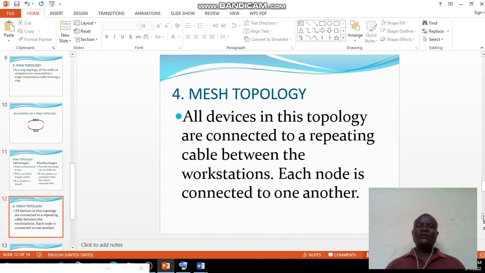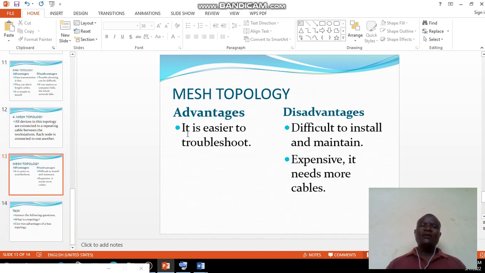We move on. We have got a mesh topology. In mesh topology, all devices in this topology are connected to a repeating cable between the working stations, and each node is connected to one another. Advantages and disadvantages. We look at them.